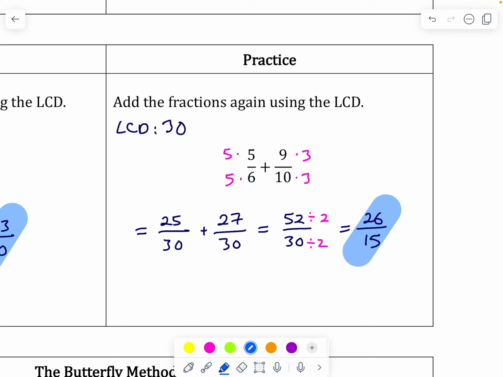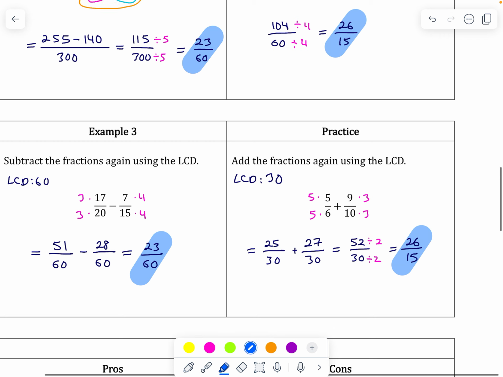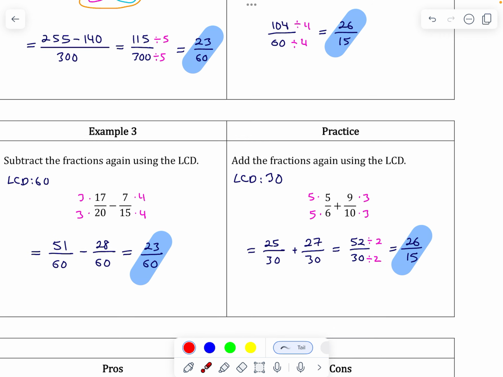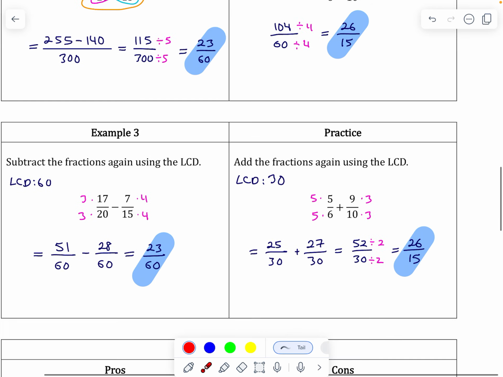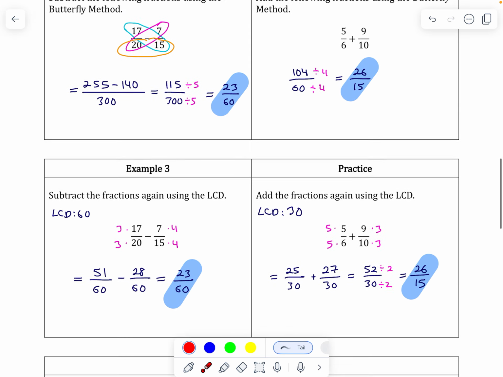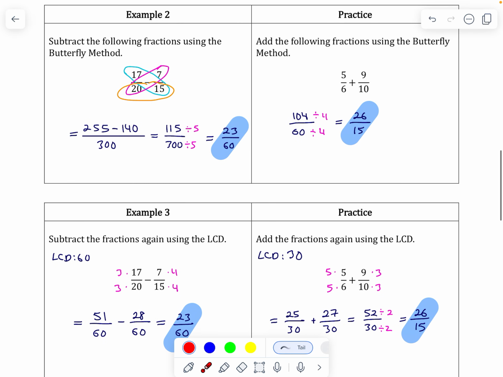Notice here that yes, we still had to reduce. We just didn't have to reduce as much. Last time we had to reduce by 4. This time we only had to reduce by 2. So, let me state what just happened concisely. If you are dealing with fractions whose denominators are not relatively prime, and you use the butterfly method, you will have to reduce, guaranteed.